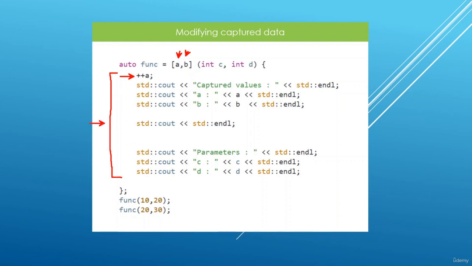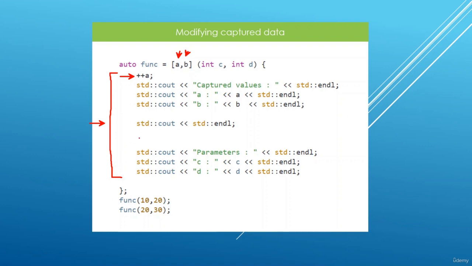The reason is, in the functor that the compiler is going to generate to support this Lambda function, the compiler is going to make our function call operator const, and that operator won't have the ability to modify any member variable of the functor. So if we try to modify any member variable, the attempt is going to fail because we really are trying to do this inside the function call operator of the functor that supports this Lambda function here.